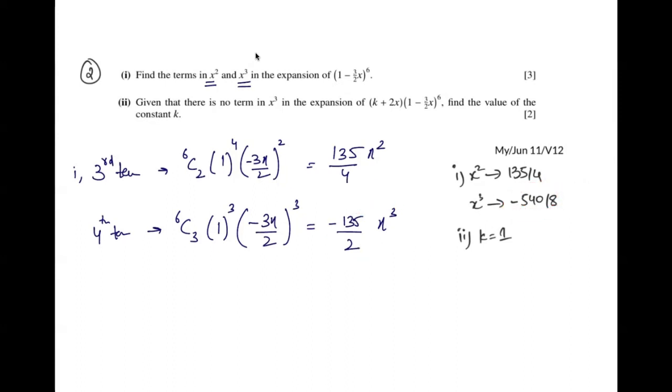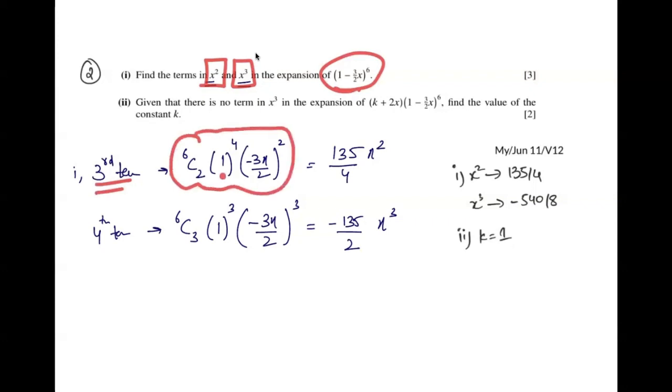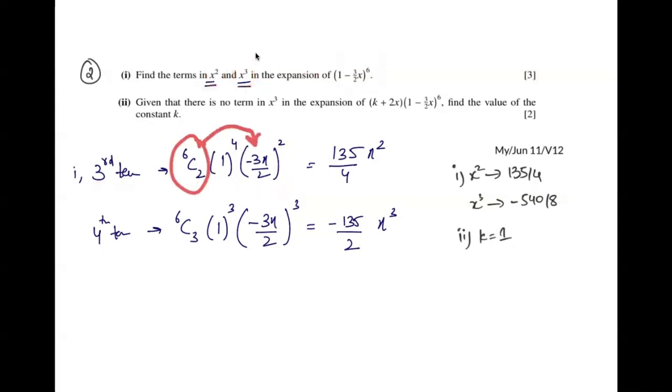Okay, Abdul Rahman, I'm just going to repeat for you. You were asked to find the term in x squared and the term in x cubed. So the term in x squared is going to be the third term, that is 6c2 into a to the power of 6 minus 2, b to the power of 2. If you calculate this, use your calculator to calculate 6c2 multiplied by minus 3 upon 2 squared, which is 9 upon 4.